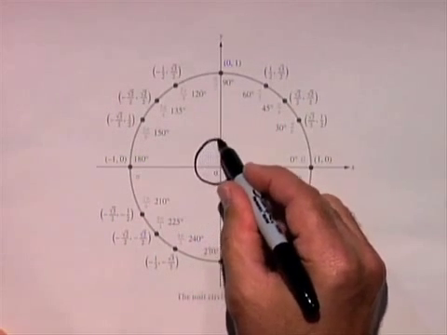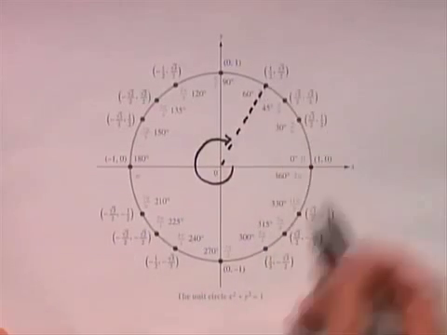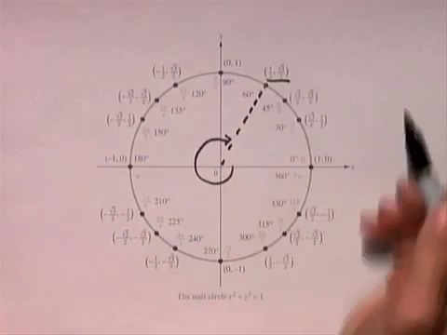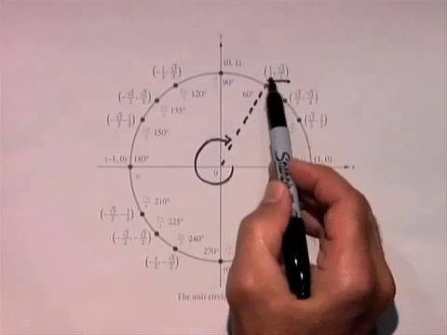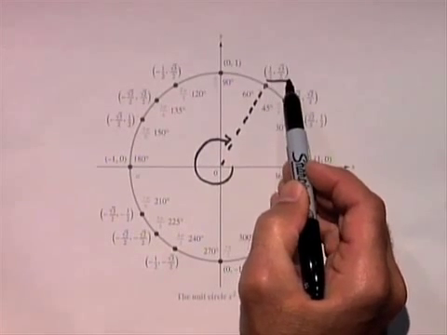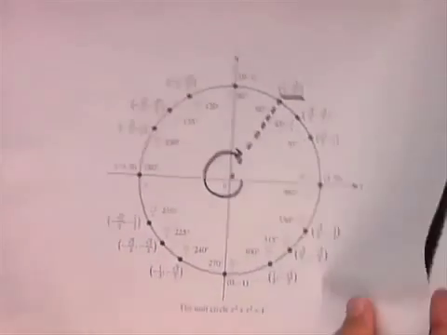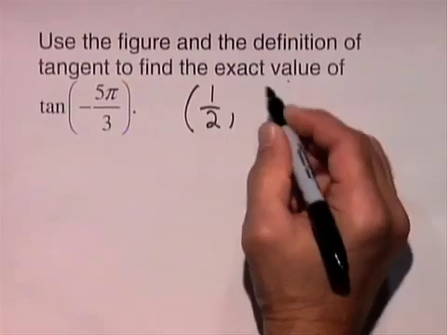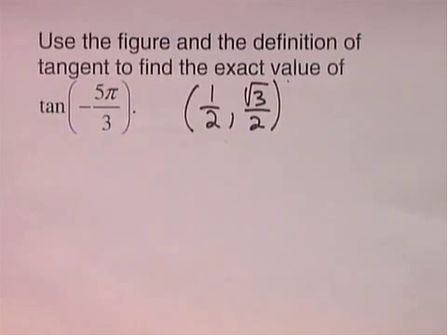That will swing us all the way around to here. I can draw the terminal side, and it shows that we intersect at the point 1/2, comma, the square root of 3 over 2. So let's write that down on the next sheet. It's the point 1/2, comma, square root of 3 over 2.